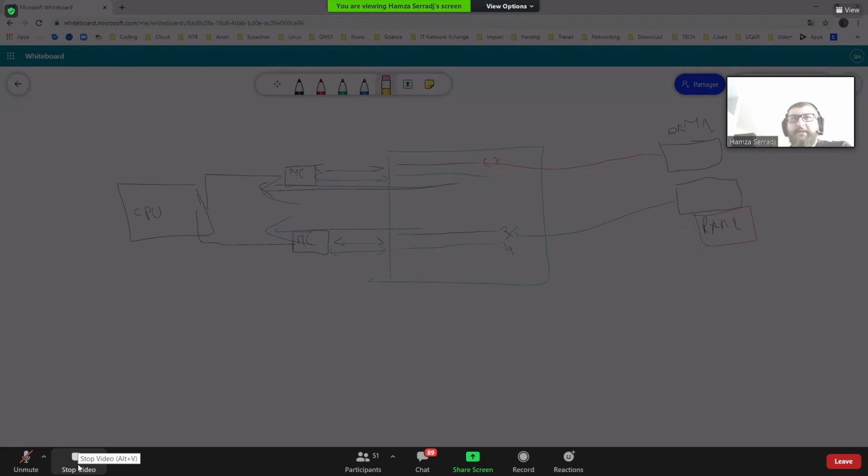It doesn't mean that if you put your RAM here, it will not work. It will work perfectly. I can just take RAM 2 and plug it here on the green, and it will work. But not the better way. It will work the bad way.